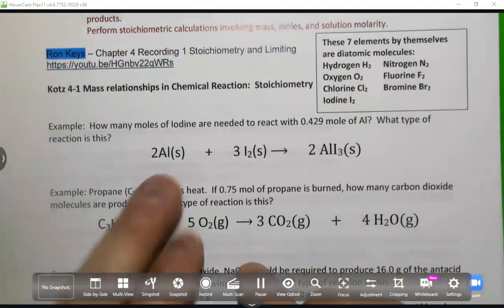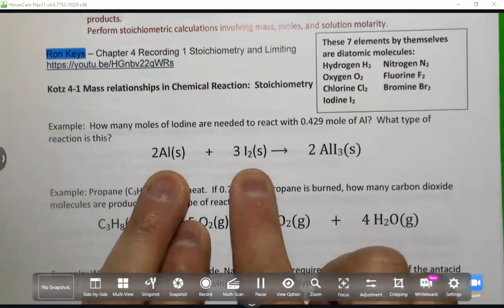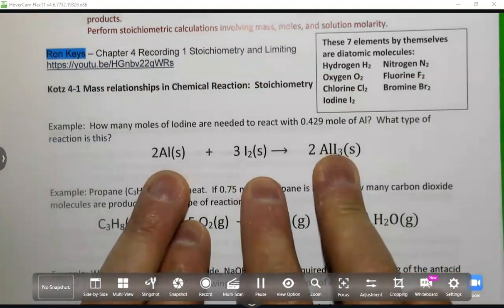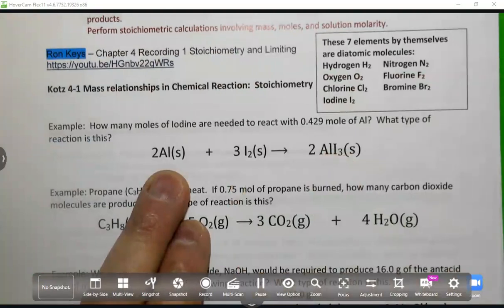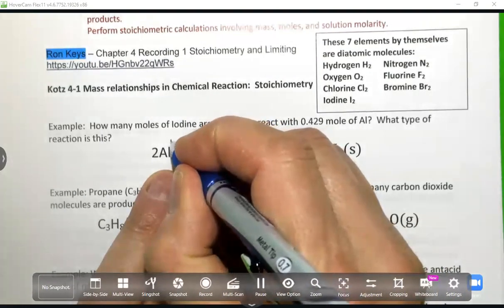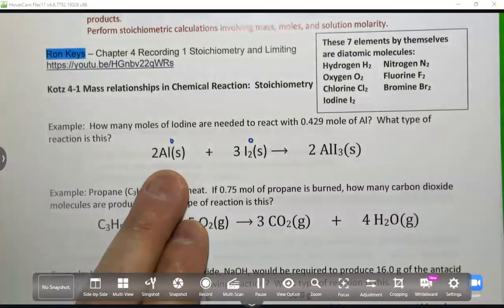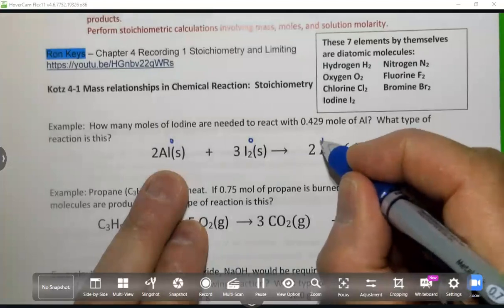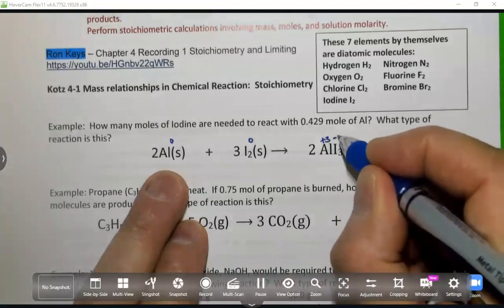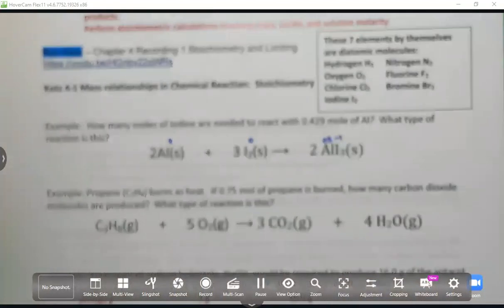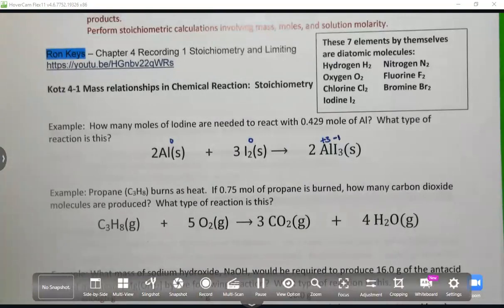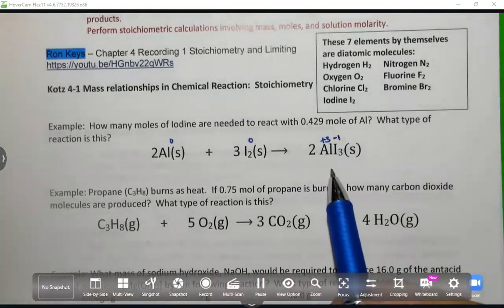It's something like this. I've got aluminum plus iodine. I'm making aluminum iodide. Is this oxidation reduction? For sure, yes, right? What's my charge of aluminum? These are aluminum atoms. There's no charge. This is iodine, molecular iodine, no charge. What's my charge here? +3 and -1. So that's oxidation reduction, a synthesis reaction.